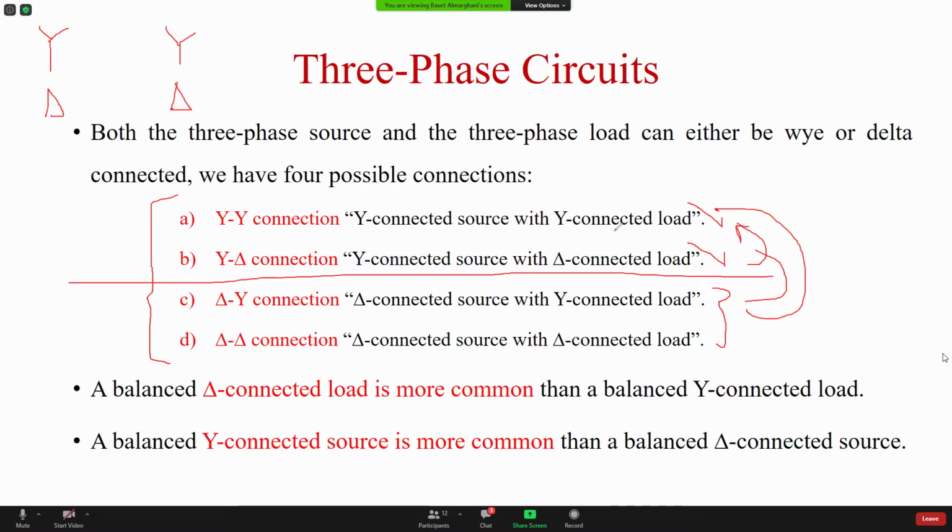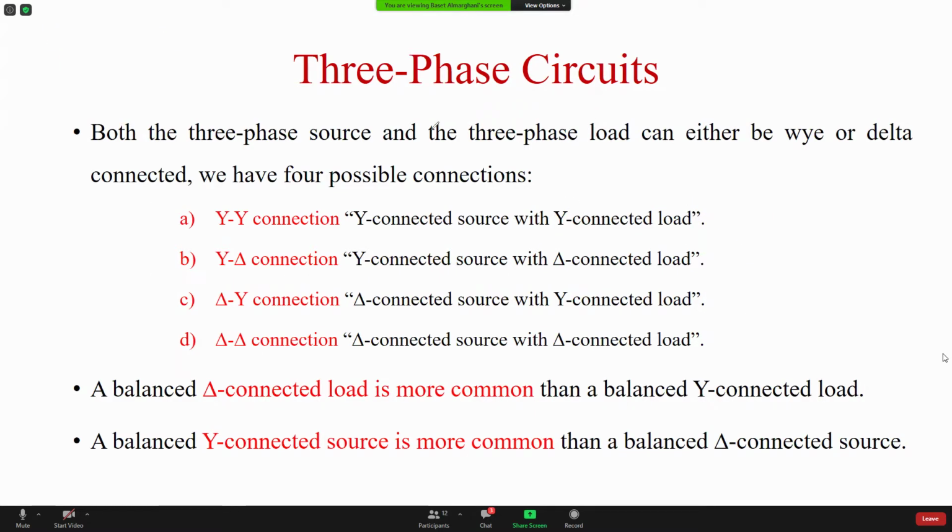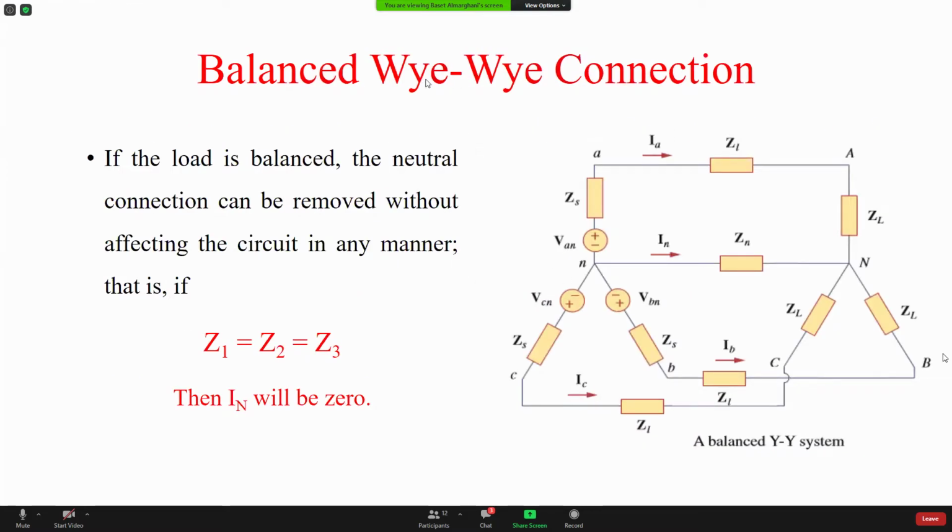You will see that a three-phase circuit might sound difficult, but the analysis, especially in the YY connection, is not actually difficult once you know the basic concepts. So this is the YY connection. What does that mean? The source is connected Y.